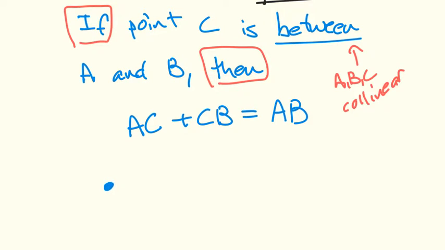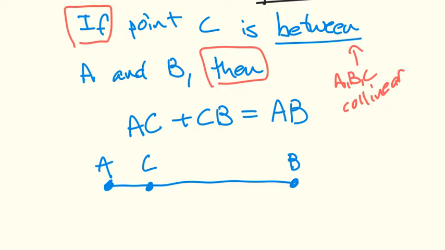So here I would have A, and I would have B, and then somewhere in the middle we would have C. So the distance from A to C plus the distance from C to B equals the entire distance from A all the way to B.